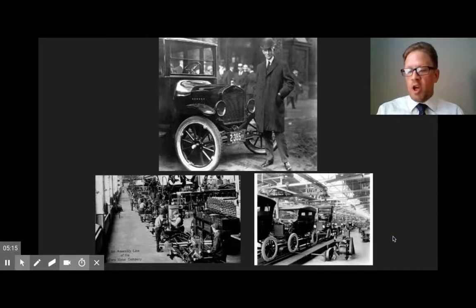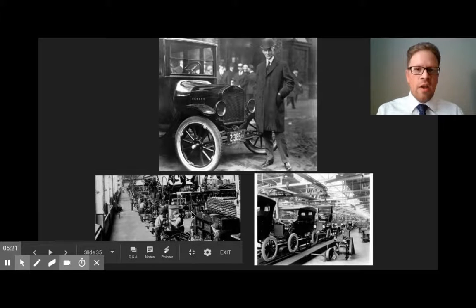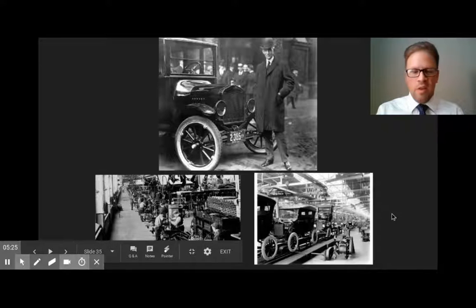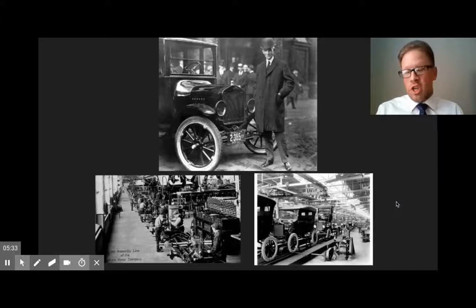But they determined that we could produce more cars if everyone just specialized on one part of making the car. And by doing just one part of it and dividing up that labor, then we can produce cars at a much faster rate and therefore also do it more efficiently and therefore cheaper. So that's division of labor.